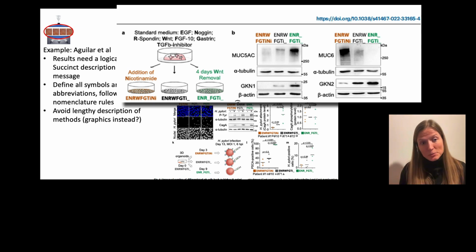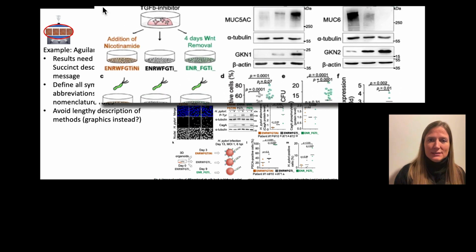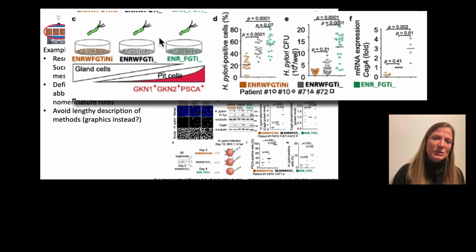Avoid lengthy descriptions of methods, obviously, and put a graphic instead. As you see here, I like this very much. This here shows the culture conditions that explain the experiment for B. Now, having defined these culture conditions, I do my actual experiment, adding Helicobacter on this.